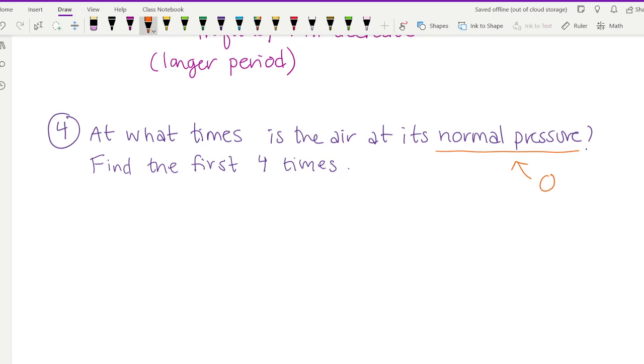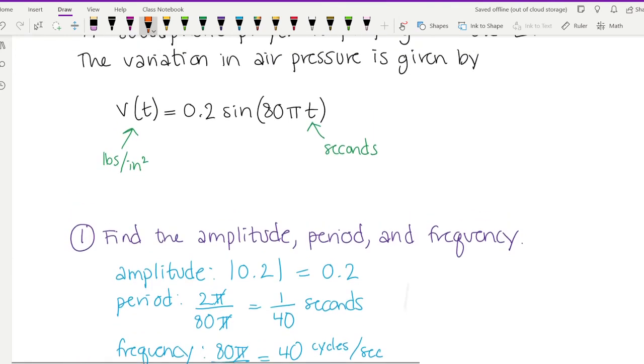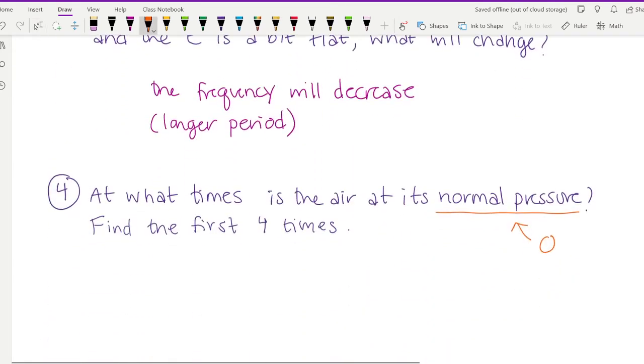Same idea here. So when we compress, that's going to end up being a positive number, and when we stretch, it's going to be a negative number. Normal is going to be considered 0. So this is 0, and I think what were the units? These were, I forget, let me write that down, pounds per square inch.